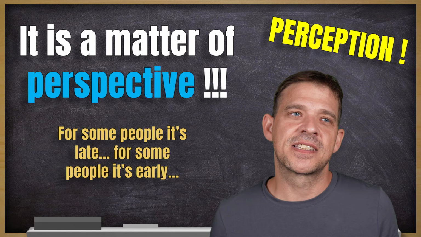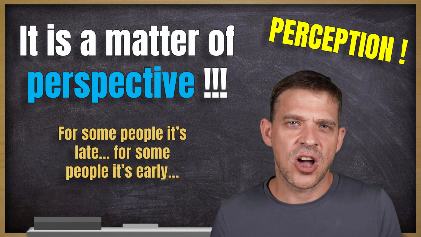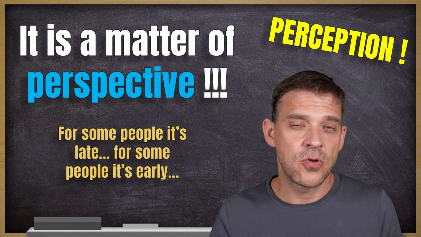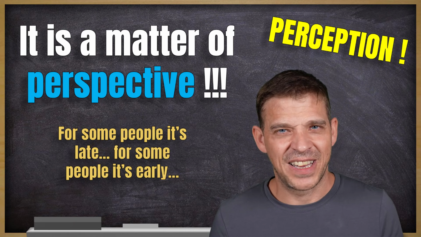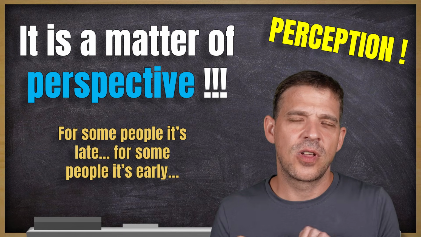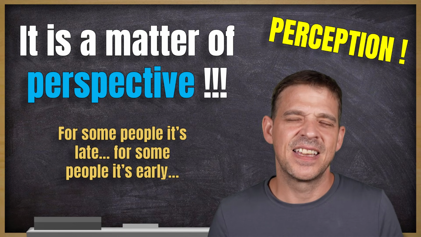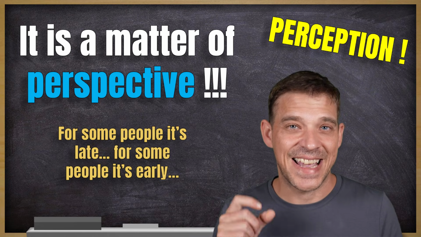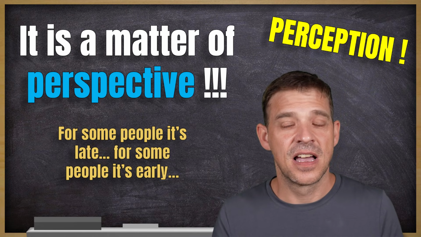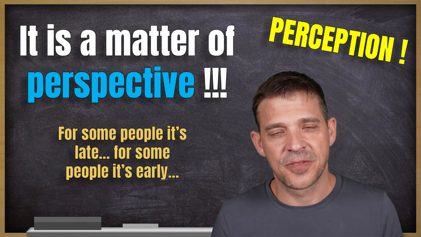I know this topic, erst and schon, usually comes already in the beginner books at A1 level, but most German textbooks don't really explain it. We think this is more like an A2 topic, and it will take time until you're able to use this erst, especially this erst, maybe even B1 and higher.